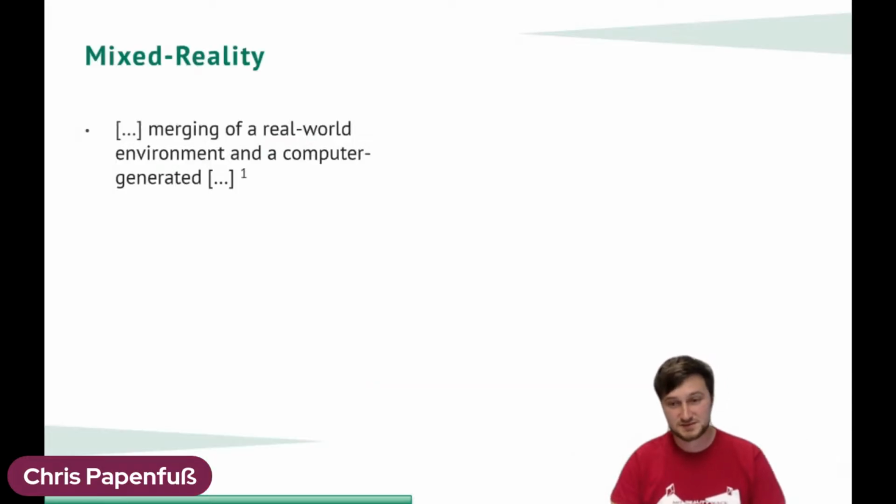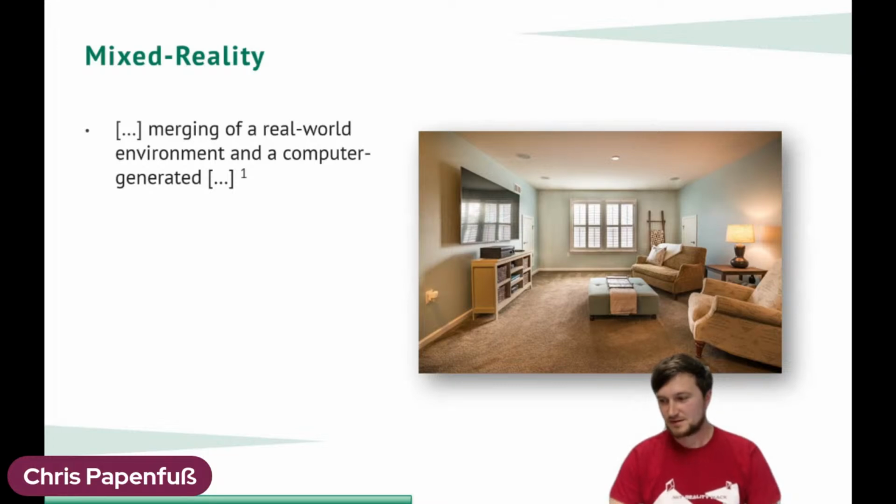So what is mixed reality? For me, well, basically not for me, but I agree with it, it's from Wikipedia. Mixed reality is explained as merging of a real-world environment and a computer-generated one. So what does that mean? We have our real world, basically this apartment.